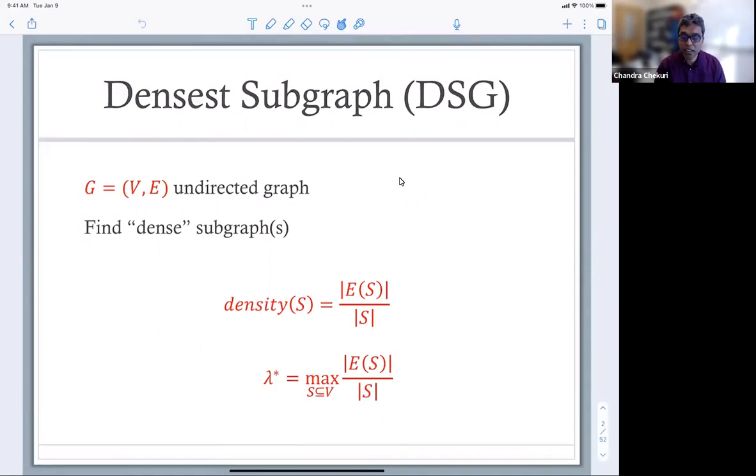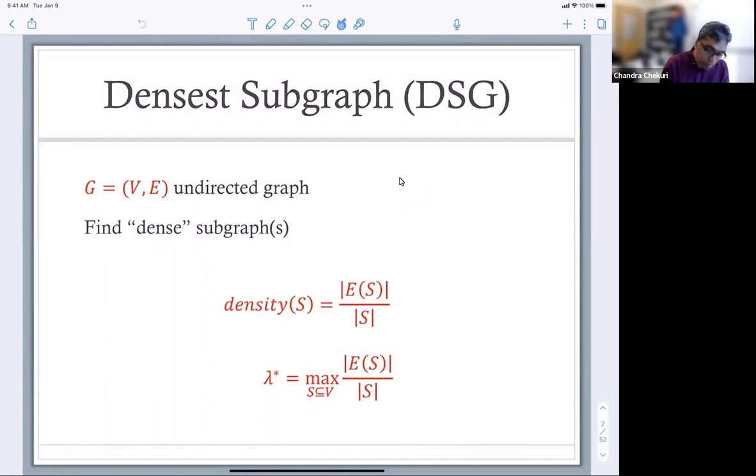There are many notions, but the simplest one is perhaps this one: for a given set of vertices, its density is simply defined as the number of edges inside that set divided by the size of the set. So E of S is the set of edges contained in the set S with both endpoints in S, and you want to find a dense subset. We'll define lambda star to be the optimum value of this quantity over all subsets of the graph.